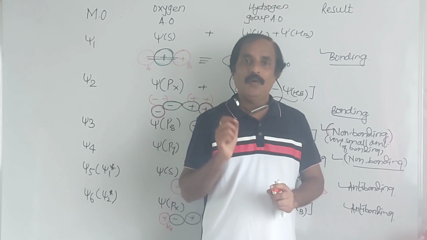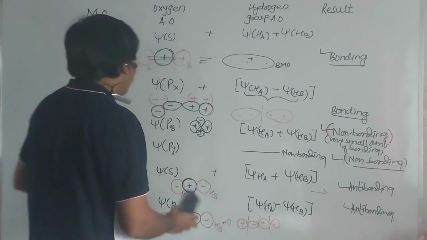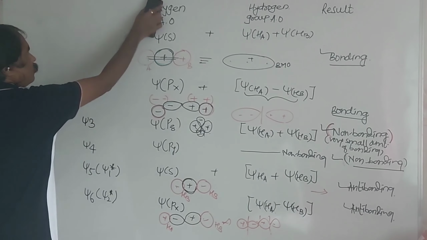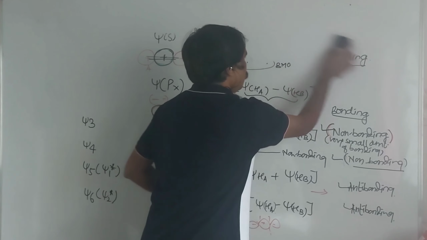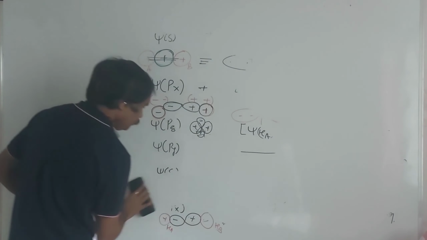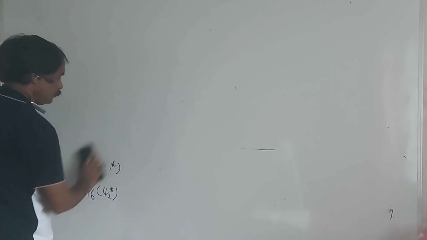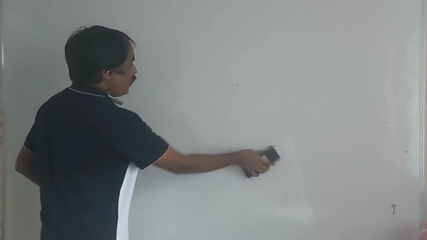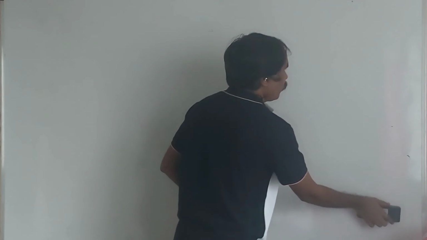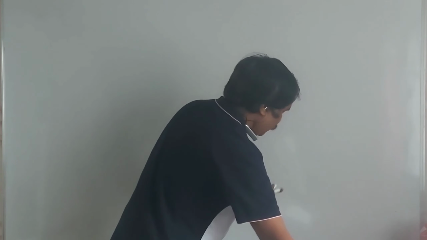Now, how to draw the molecular energy level diagram of this? It is very simple. Molecular orbital energy level diagram for H2O. We know that on the y-axis generally we take potential energy. Here I will take hydrogen.